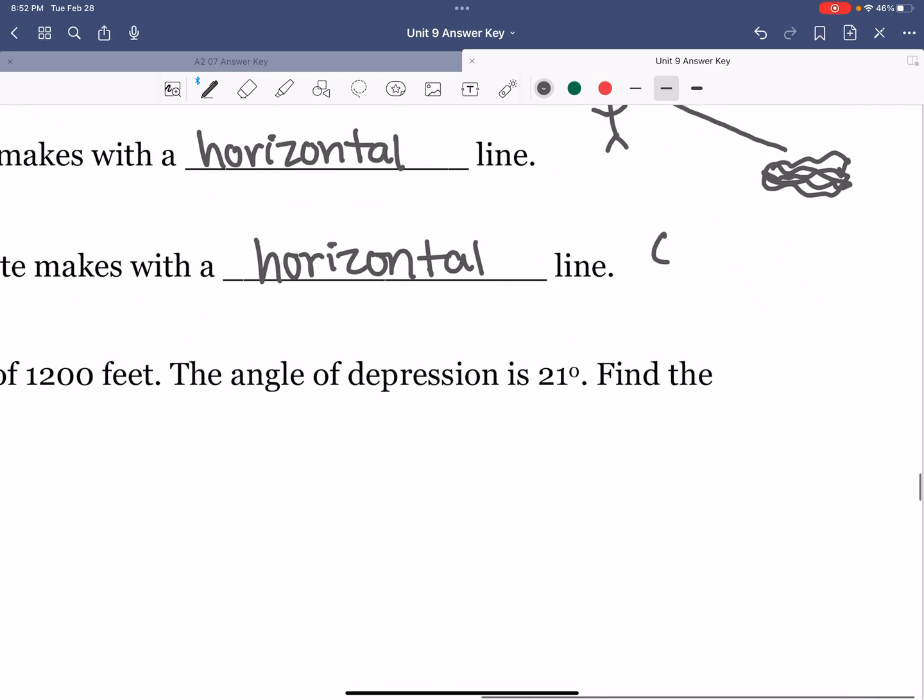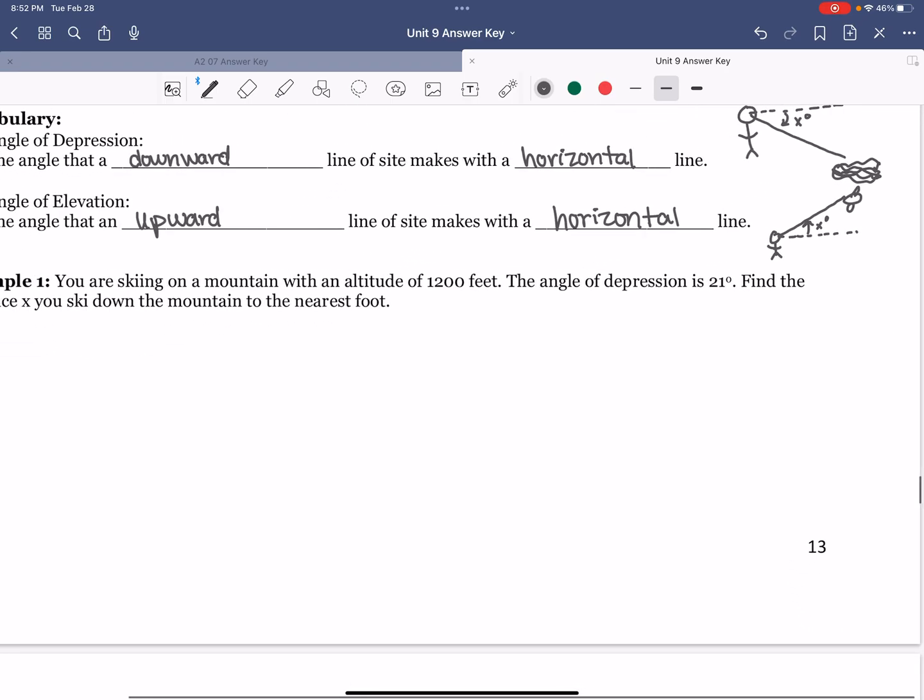Likewise, let's say that I have this lovely person. I'm going to draw them a little bit smaller. And they're looking at this lovely plane or bird or bee, whatever you want to say that is. And they're going to be looking up at that. And that is going to be my angle of elevation.